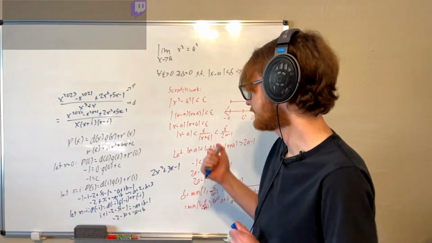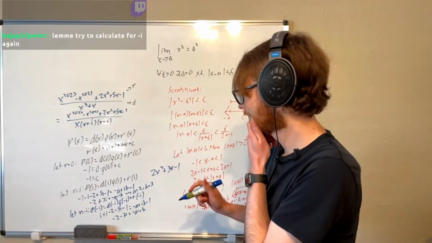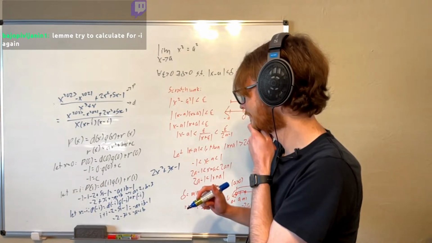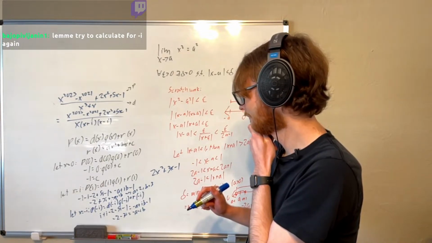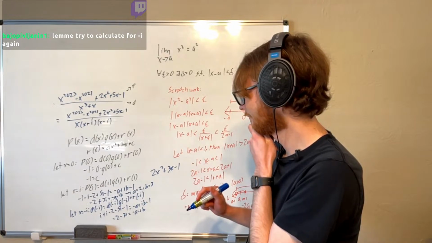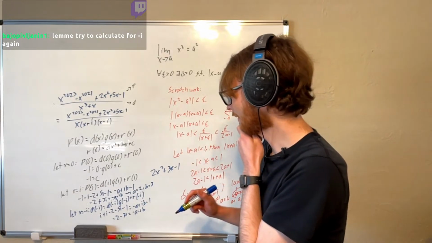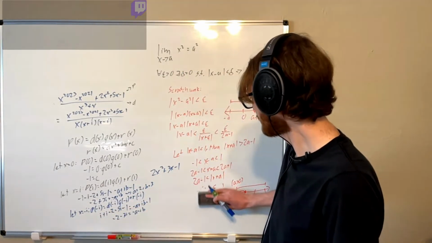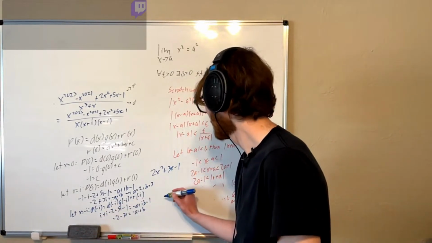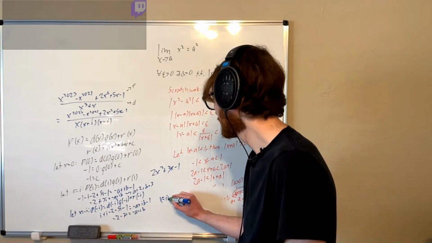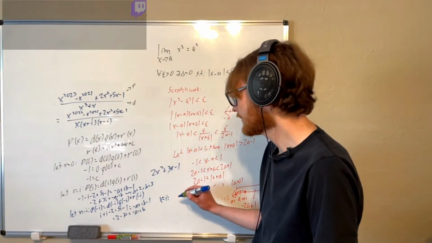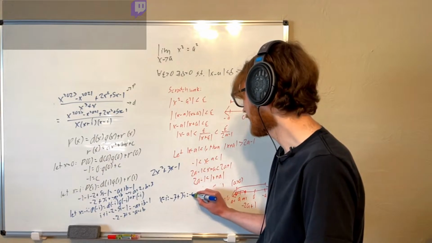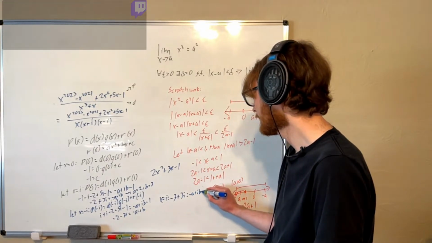So yeah, with x equals i, you get minus 3 plus 3i equals minus a plus ib minus 1.